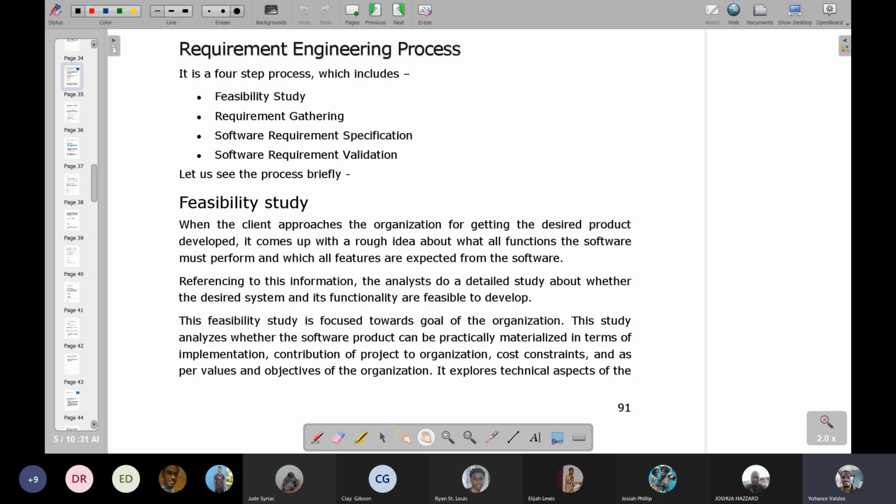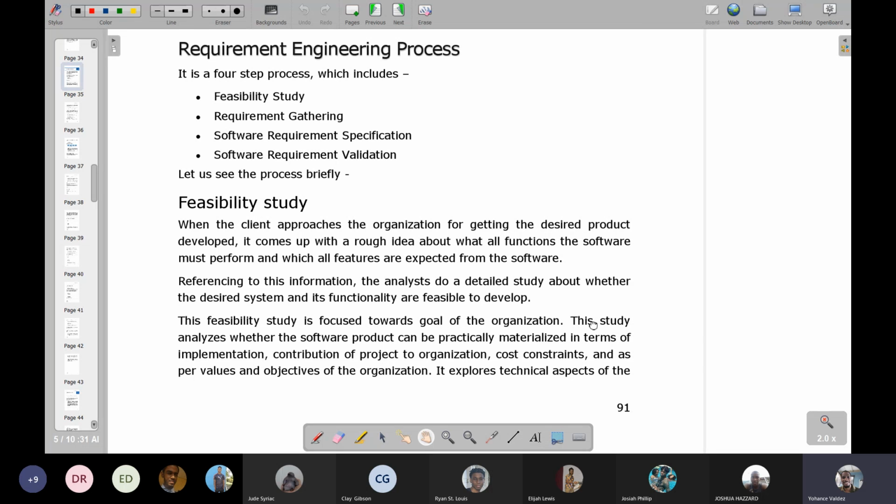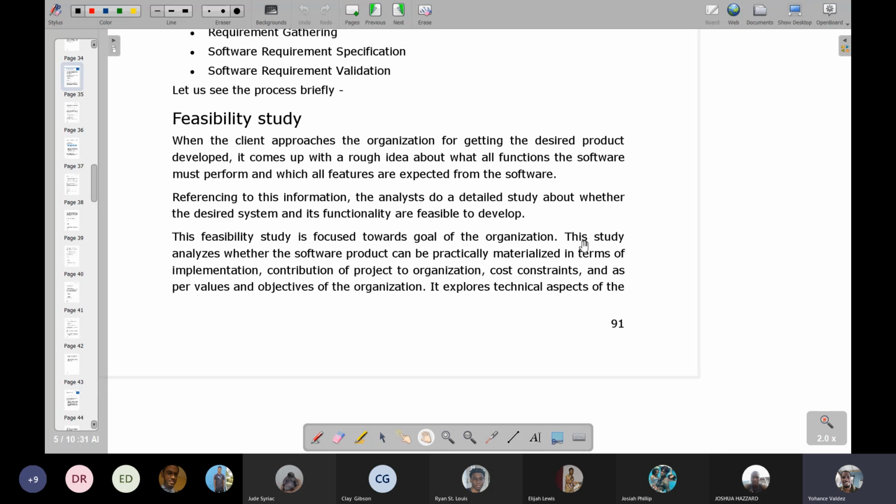So when we talk about the feasibility study, you want to come up with a rough idea about all the things that the software could do, and then an analyst does a study about whether or not that system and its functionalities are feasible to develop, relative to the goal of the organization.